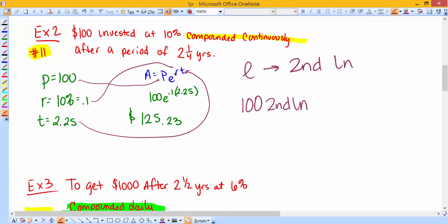And then once you have that E that pops up, it will look like this now. This would be 100 E. Then you put parentheses 0.1 times 2.25. Close the parentheses. And then you should get 125.23.